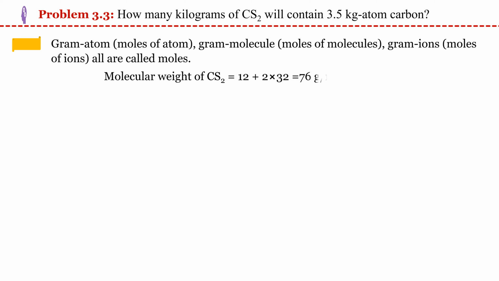Now we can write the molecular weight of CS2, and it will come out as 76 gram per mole. The moles of carbon will be equal to 3.5 kilomoles.